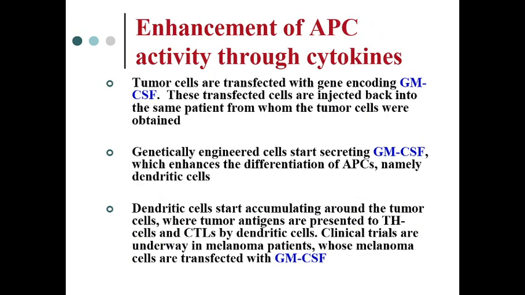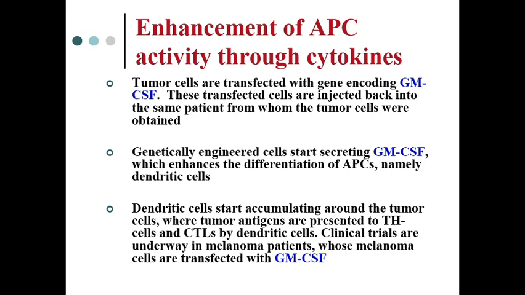So then comes another approach, which is called cytokine therapy, where you can modify the antigen presenting cells and make them respond to the expression of the antigens in an overwhelming way, or express the antigens in large numbers on class 1 MHC or class 2 MHC, so that CD4 or CD8 T cell response can be enhanced.